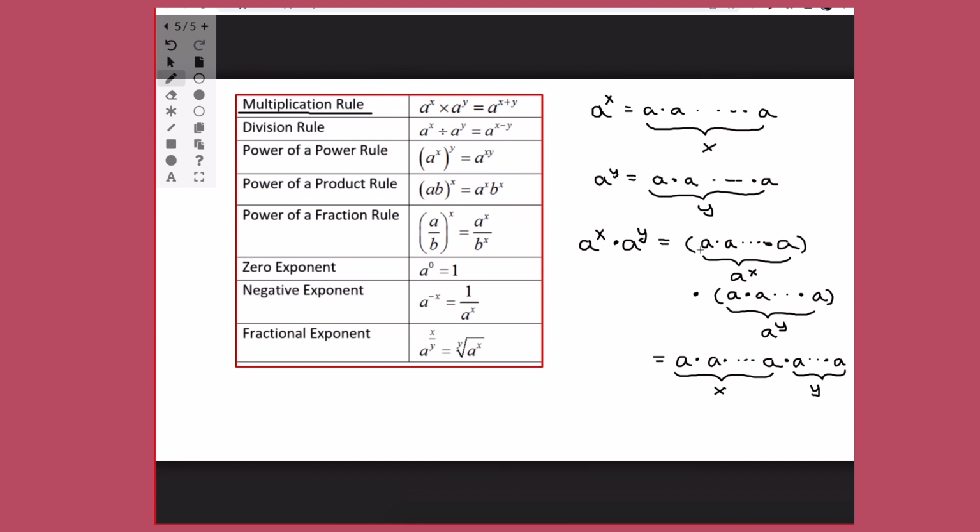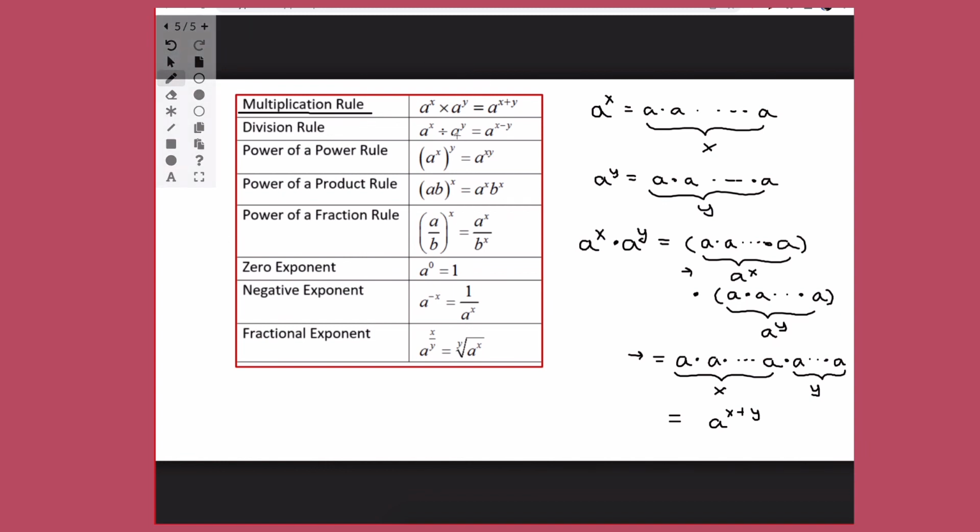All we did is take out the parentheses from this step to this step. So now we just have a times a times a, x plus y times. So we can say this is just a to the power x plus y. Does that make sense? Yeah, I get it now. Thank you. Okay, no problem.